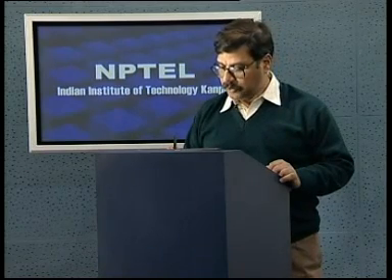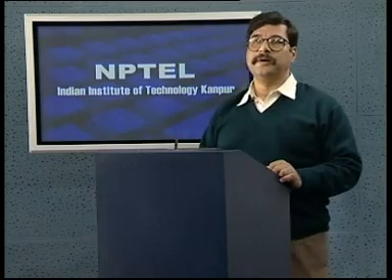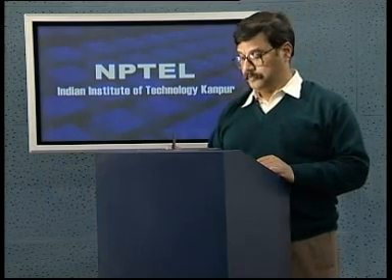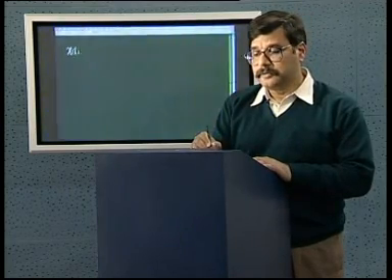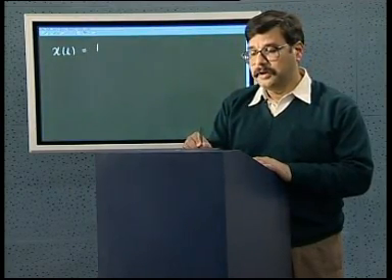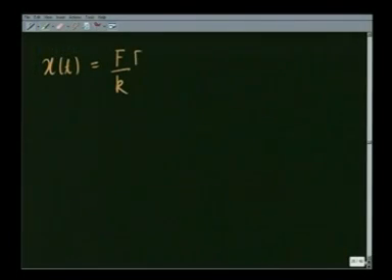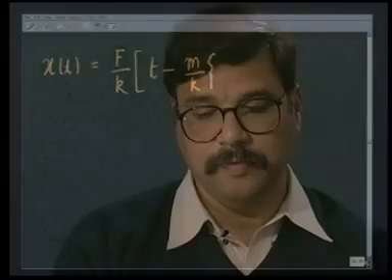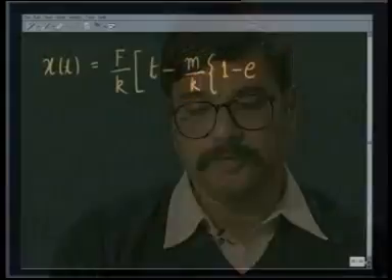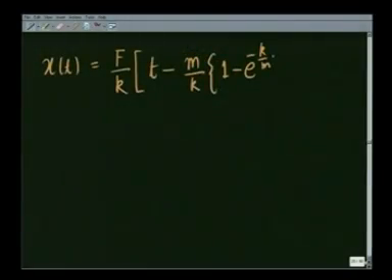Now that we have gotten the expression for the distance travelled, let us play around with it a bit and see if it goes to correct limits. So, I have x t equals F over K t minus m over K times 1 minus e raised to minus K over m t.